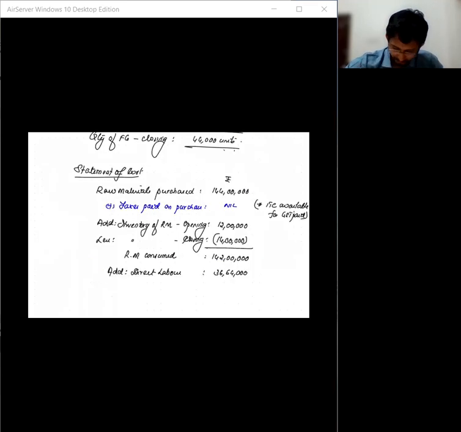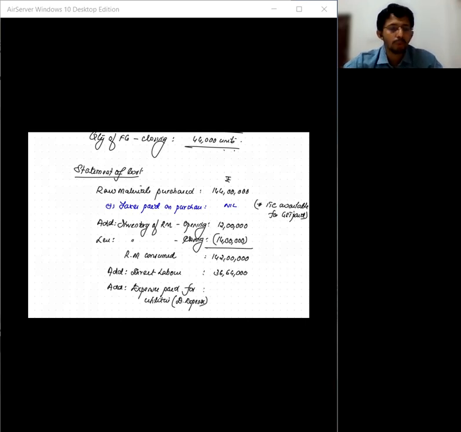Okay, it is direct expense. Now, suppose you have some confusion. You don't know whether it is direct expense or factory overhead.